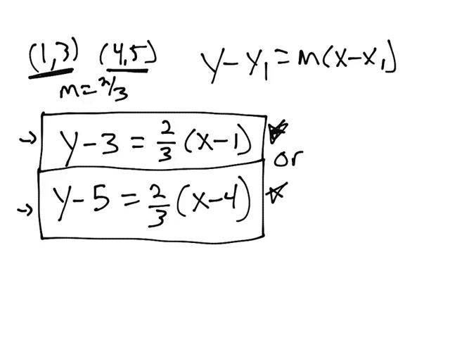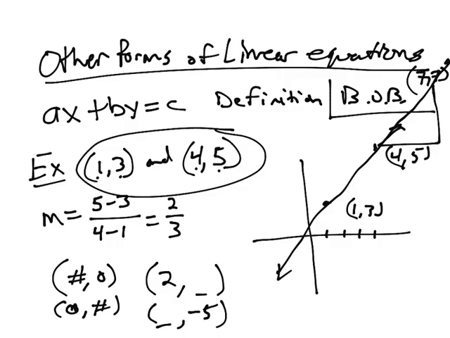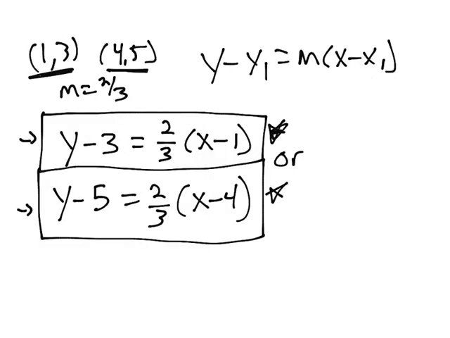Okay? But now, if we wanted to figure out, let's go get one of those motivating points. Like, if x equals 2, then y equals what? Well, I could plug 2 in and get y minus 5 equals 2/3, 2 minus 1.